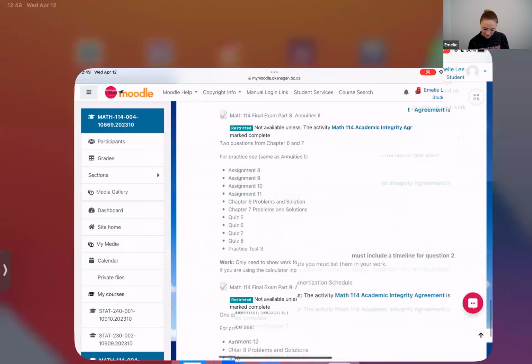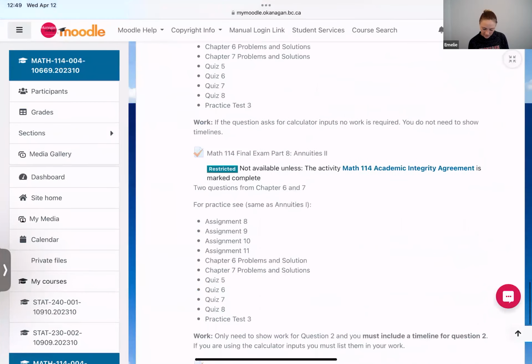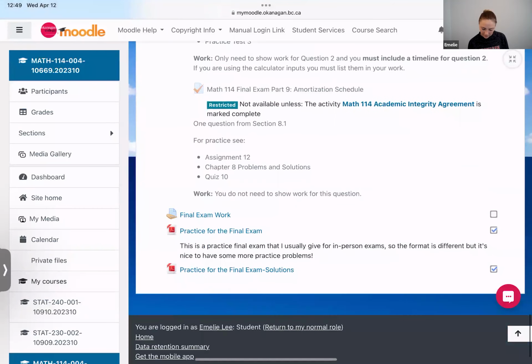All right. Let's see here. Where are we? I think we're on the last part, if you can believe that.